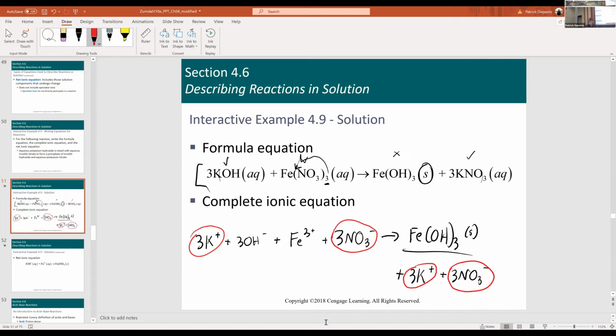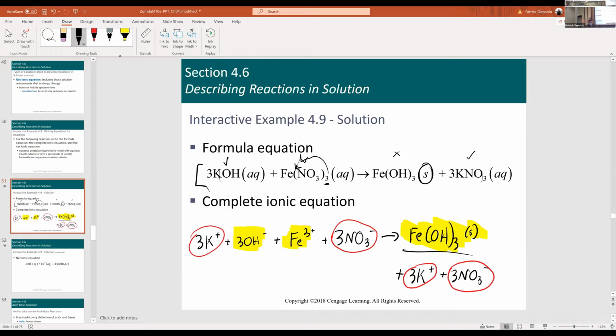It's not going to be part of our precipitate product. What's remaining is going to be our 3OH-, Fe3+, and Fe(OH)3. So after canceling out the spectator ions, we get our net ionic equation.